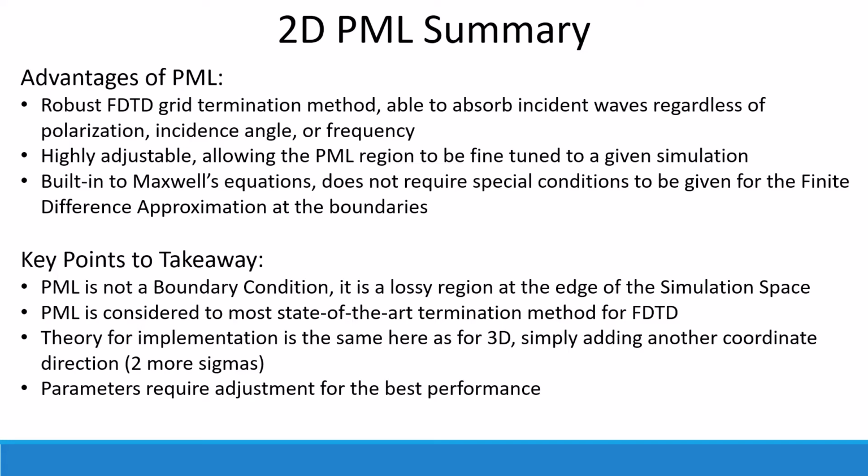However, the base theory for it is the same as for 3D. However, you're just adding another coordinate direction and therefore more sigmas in the PML region. And the parameters used to control the PML must be adjusted and fine-tuned to have the best performance.